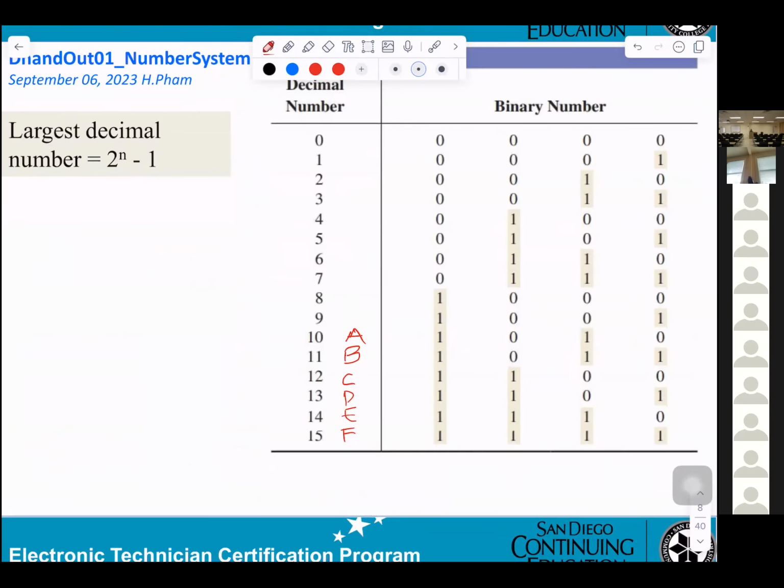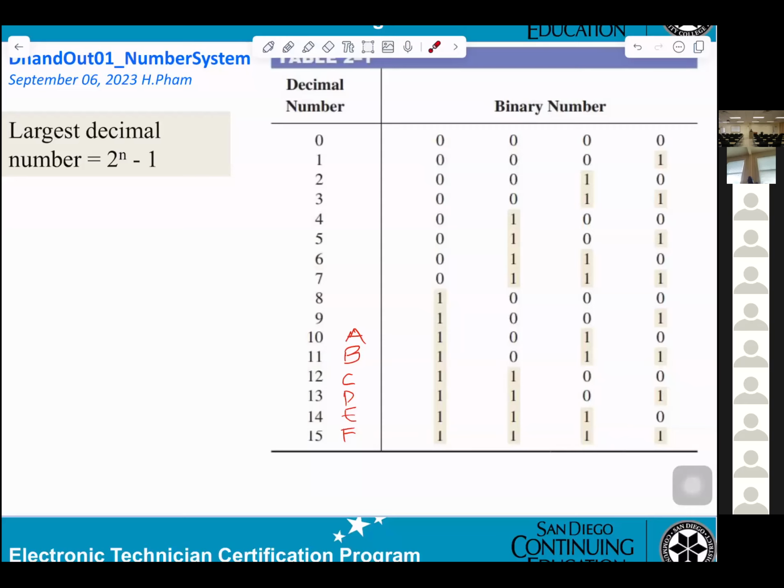Okay, now let me give you the table. This is a decimal number: 0, 1, 2, 3, up to 10, 11, 12, 13, 14, 15.